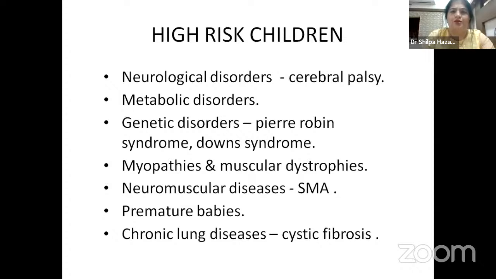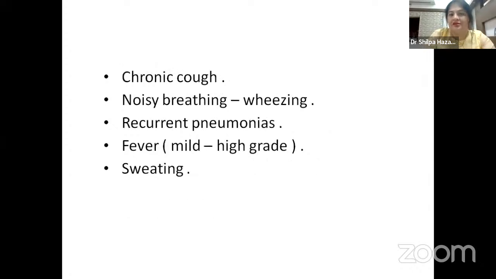Their tone is less, swallowing function is not very well developed, and gastroesophageal reflux is also significantly more in premature babies, so they are at risk. Chronic lung diseases like cystic fibrosis, there also they are at high risk. Every child with any kind of respiratory distress is at risk. Children with recurrent pneumonia are at risk.